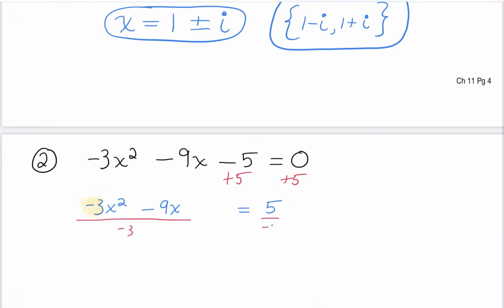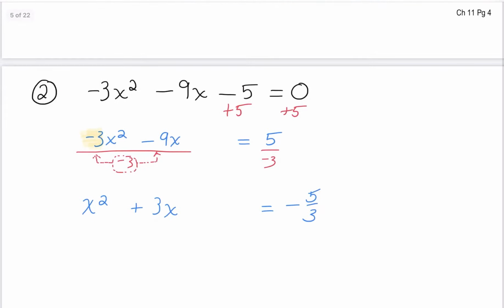Now, on the left-hand side, no matter what, you have to divide each term in the numerator by that negative 3, even if it creates an ugly fraction in that second term. Here it doesn't. Pretty nice on the left-hand side. We get our x squared and a plus 3x, leave a little room, and on the right-hand side, we have negative 5/3.